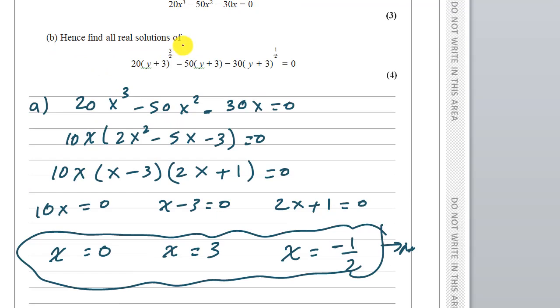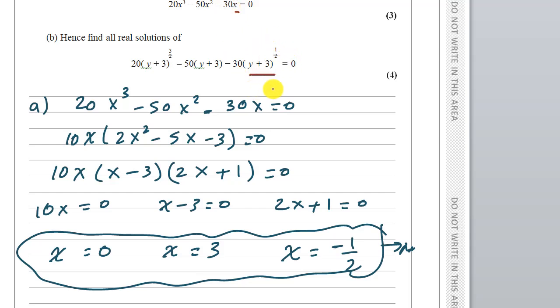Now, hence, find the real solution of 20x plus 3 power 3 over 2 minus 50x plus 3 minus 30x plus 3 power half. So here is x, and here x plus 3 power half multiplied by 30.